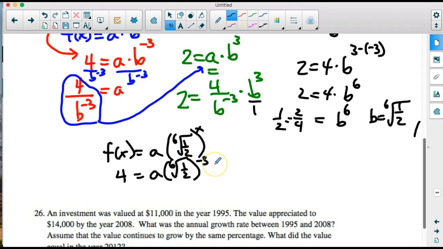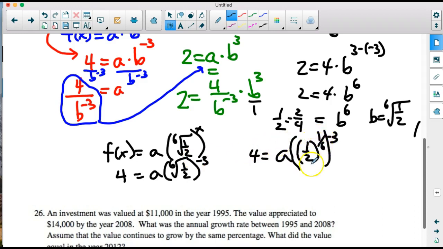In this case, this becomes 1/2 to the 1/6 power, and then all to the -3. So this root is 1/6 because it's basically a 6th root. It's the reciprocal of the 6th power. So that's what we would use here.